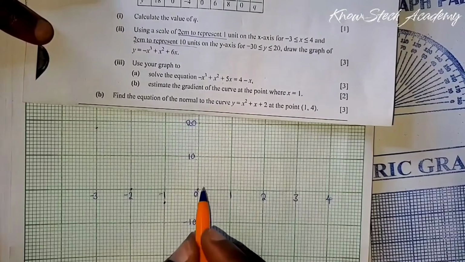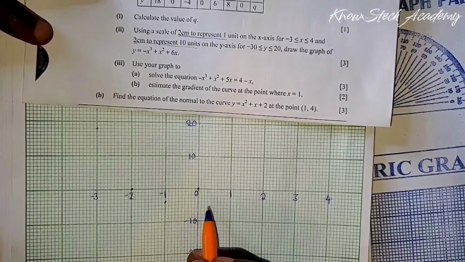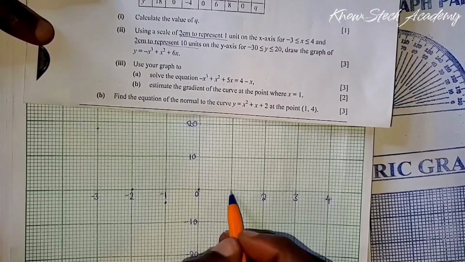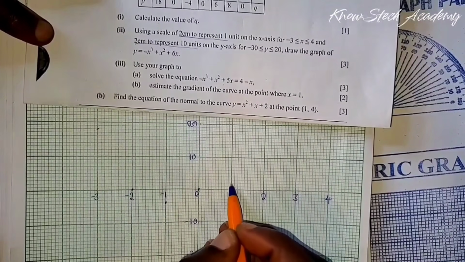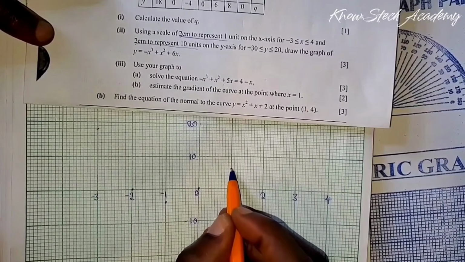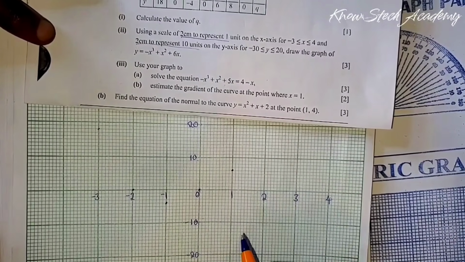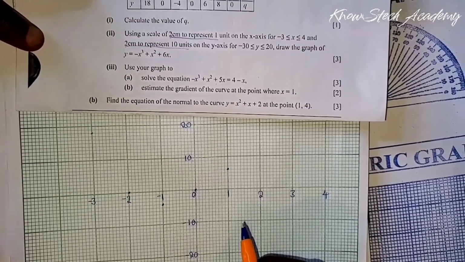Next is 0, comma 0. 0, comma 0 is right here. Alright. Next is 1, comma 6. 1 is here, comma 6. So 1, 2, 3, 4, 5, 6. 6 is right here. See, our cubic function shape is forming.